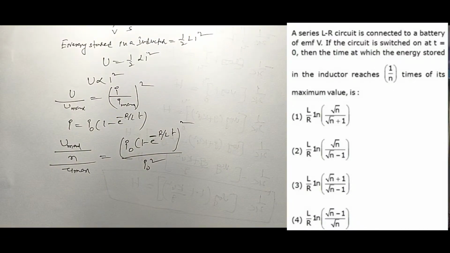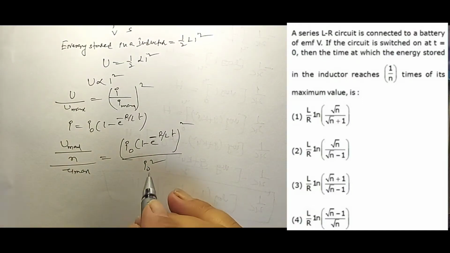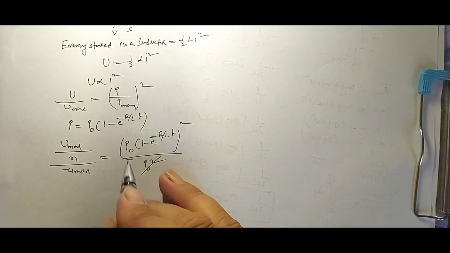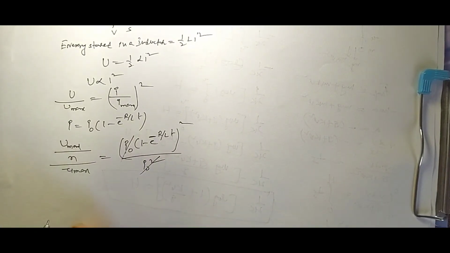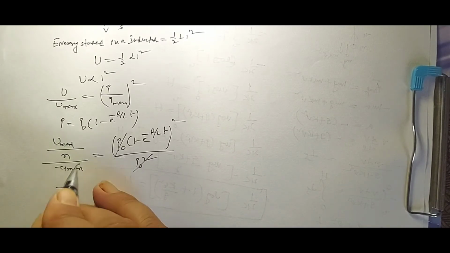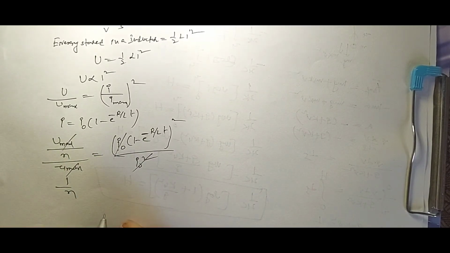Maximum current in the circuit is I0. Here I0 square cancels.